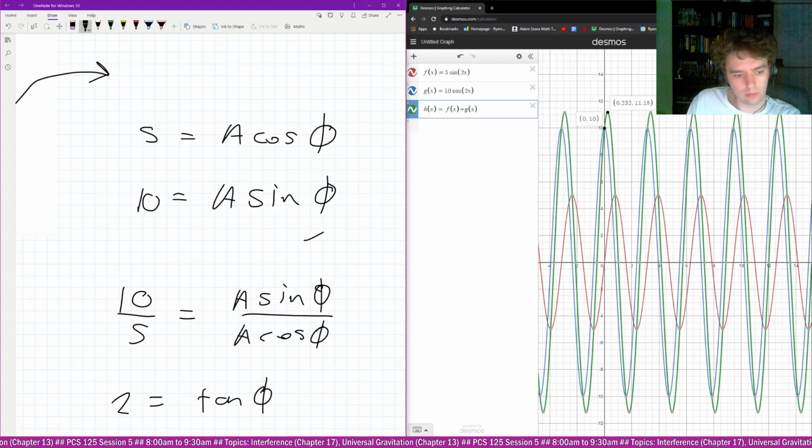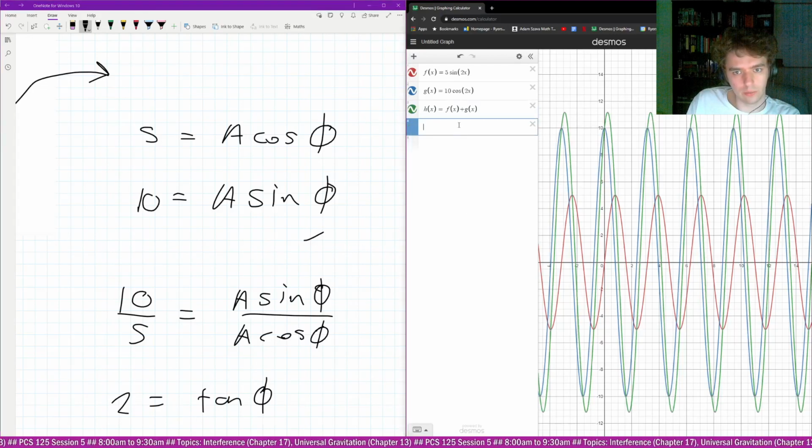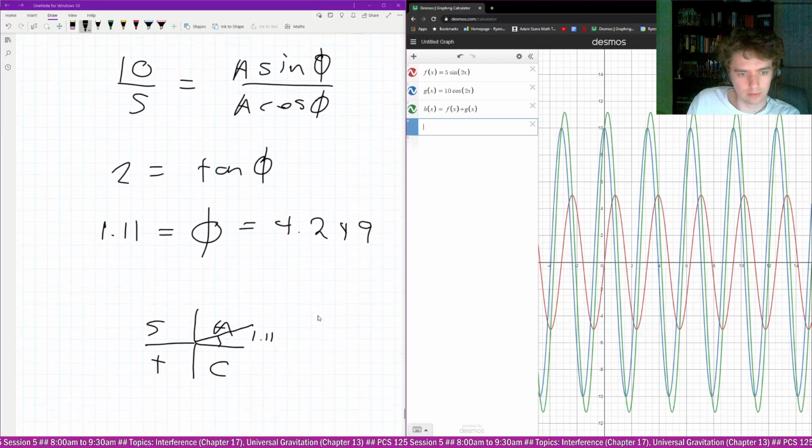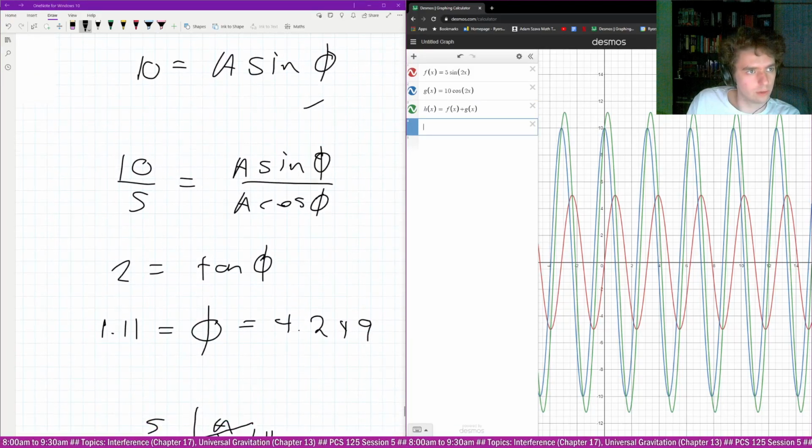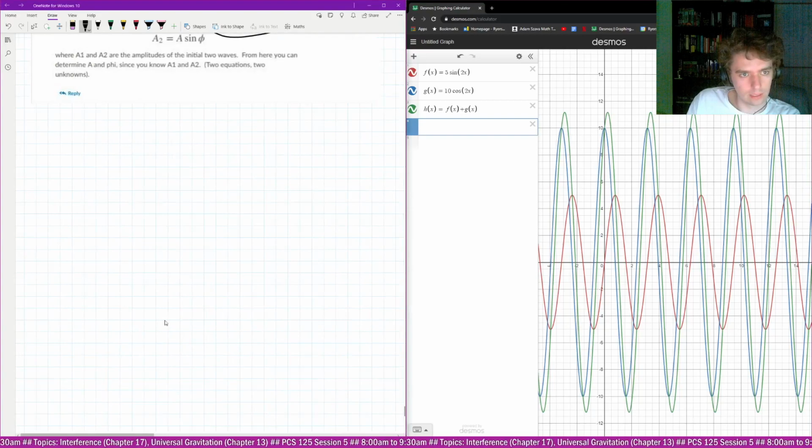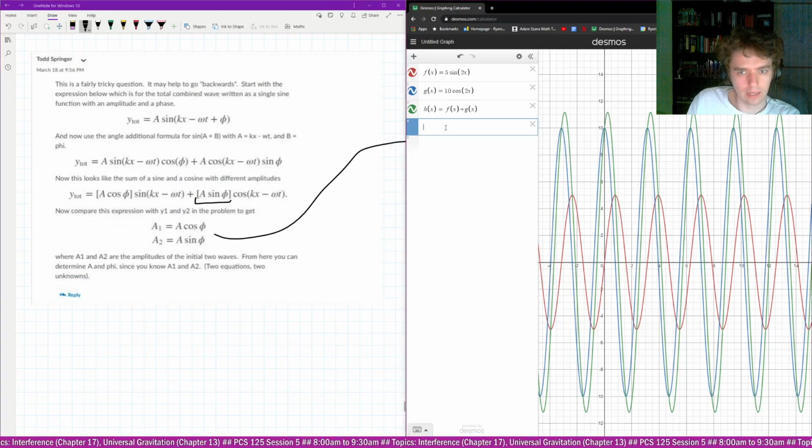So what we can just do is use one of these phi values. The solution is in the form A sine, and A doesn't really matter.